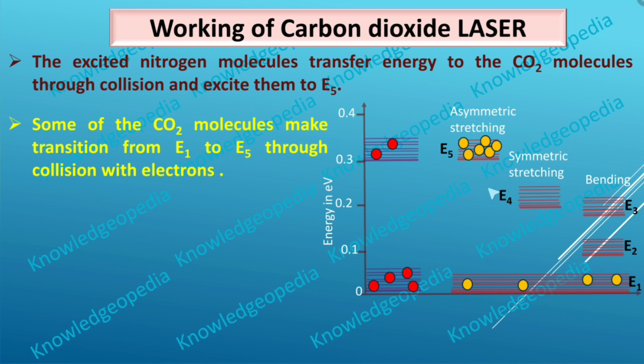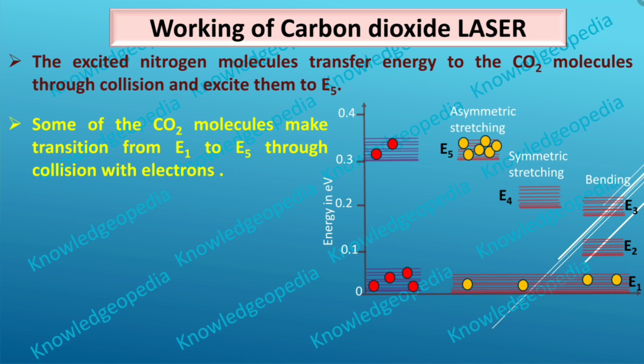Now if we compare the energy levels E5, E4 and E3, we have a number of carbon dioxide molecules at energy level E5, whereas there are almost no carbon dioxide molecules available at energy states E4 and E3.